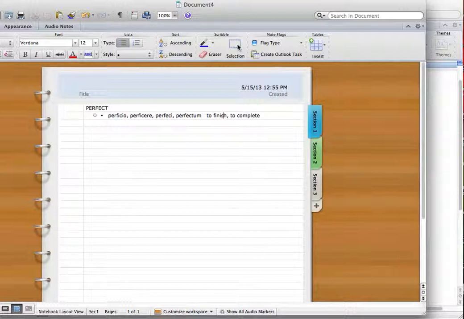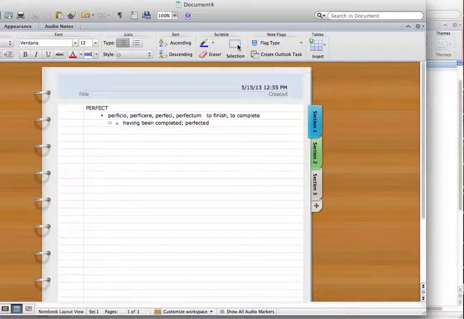When you get to the word perfectum, which is the fourth principal part and looks like our word perfect, that particular form of the verb is translated perfected, or having been completed.